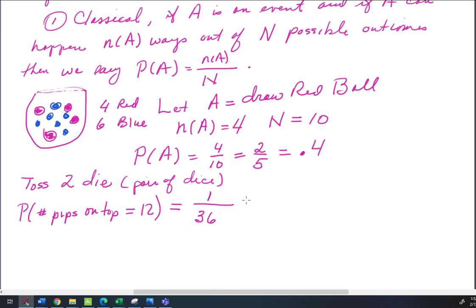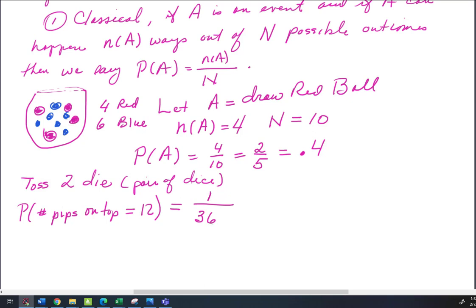That's classical. Now, in order to use the classical definition, the different outcomes that we're counting have to be equally likely. As I roll 2 dice, there is no preference of the die to come up one number or the other. These 36 outcomes would be equally likely outcomes.